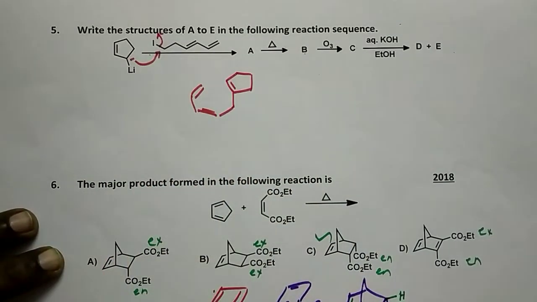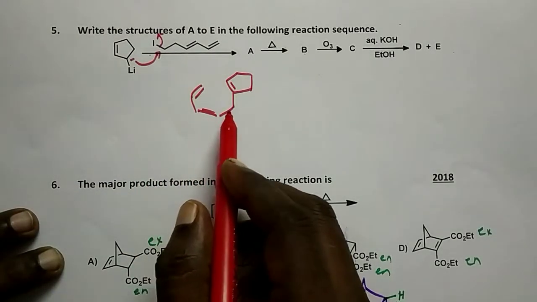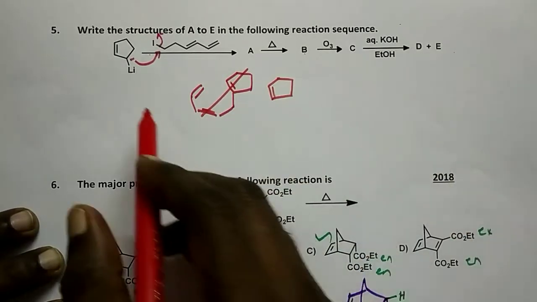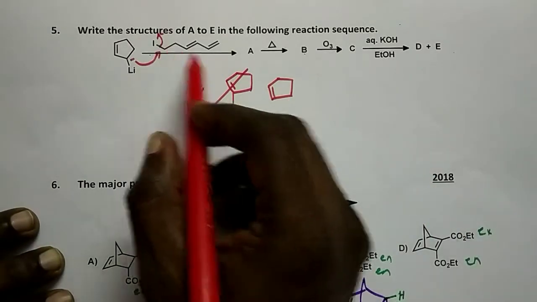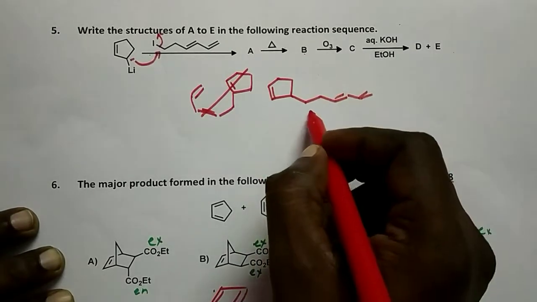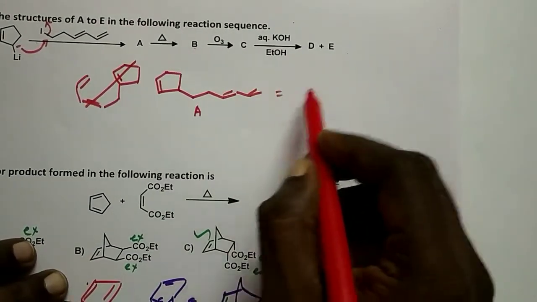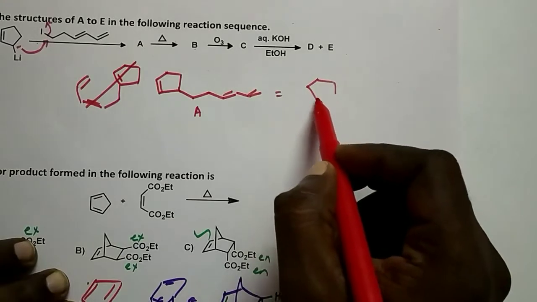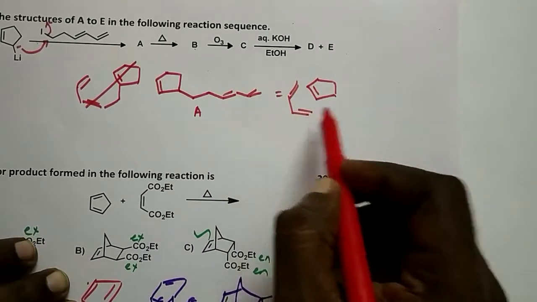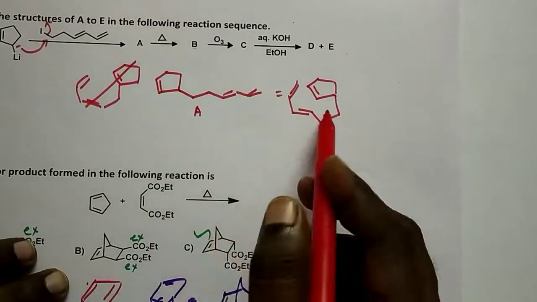Oh, I'm sorry, 2 is missing. Okay, let me rewrite. This is A. A can be simply written again this way. Same A I have written again this way.